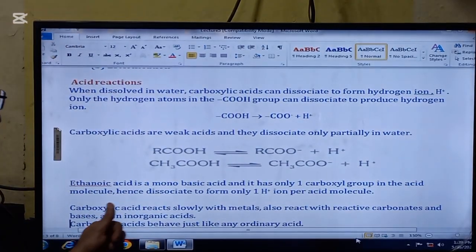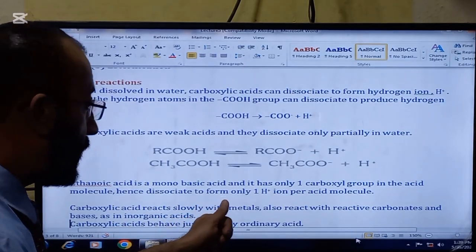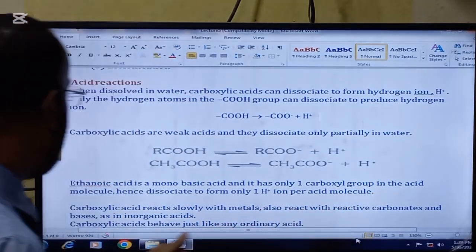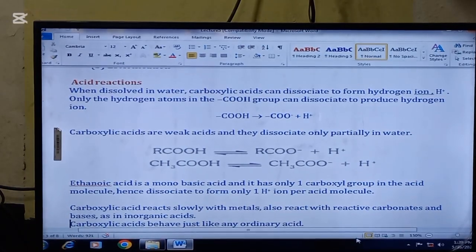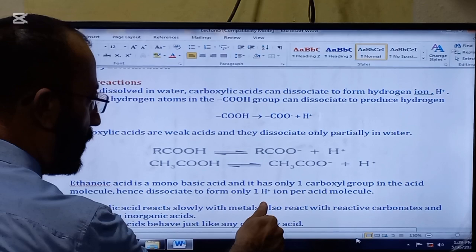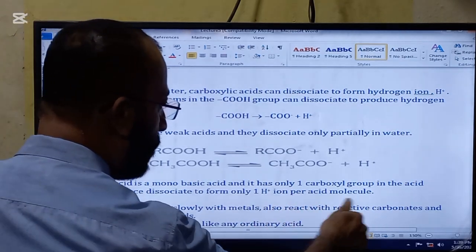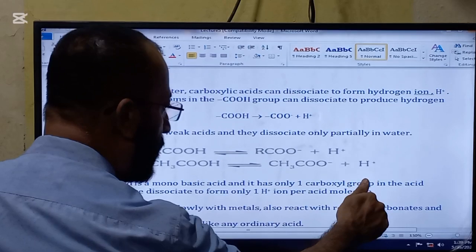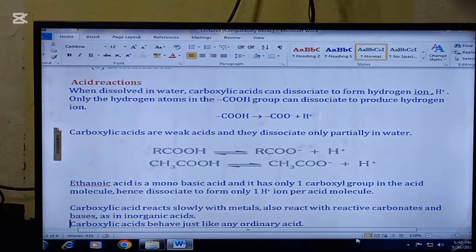Ethanoic acid is a monobasic acid and it has only one carboxyl group in the acid molecule. Hence, it dissociates to form only one H+ ion per acid molecule.